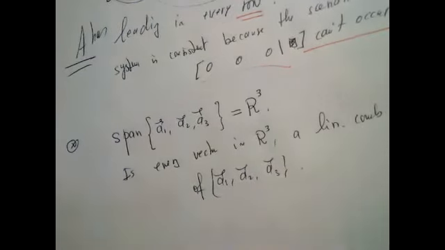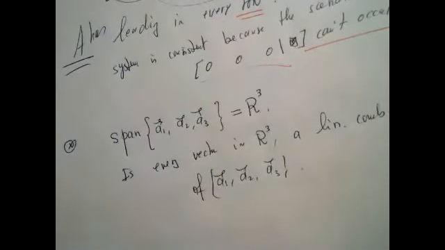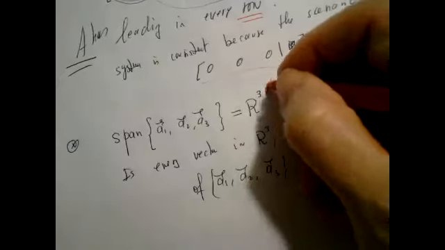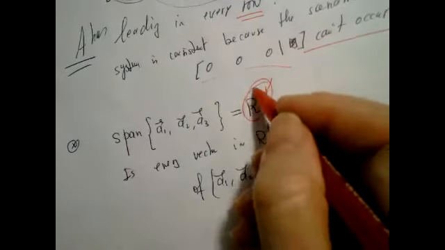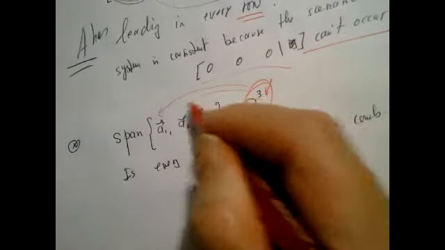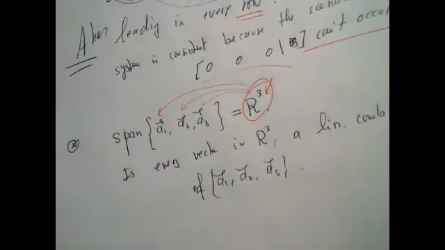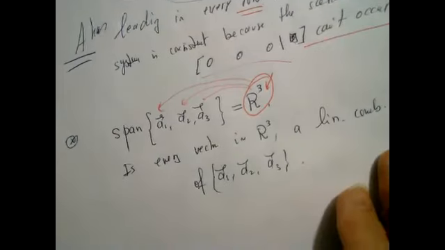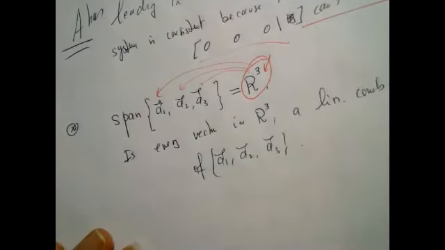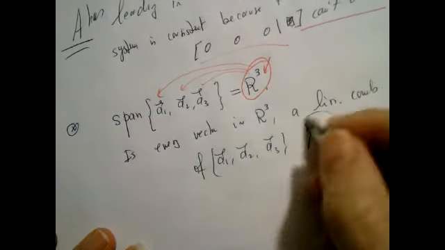I'm really asking the same question in a different way. What do you think? Yes or no? And then I justify myself. If I pick an arbitrary vector in here, can I always find weights so that this vector could be a combination of those? Okay, so I'm getting some yeses, and the answer is absolutely yes.